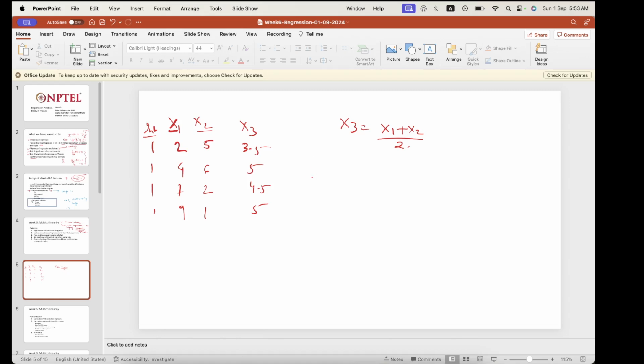Now to get the estimate beta hat, we have to take (X prime X) inverse X prime y.